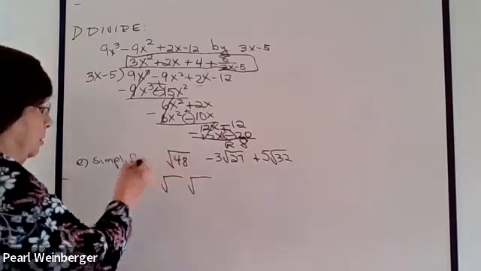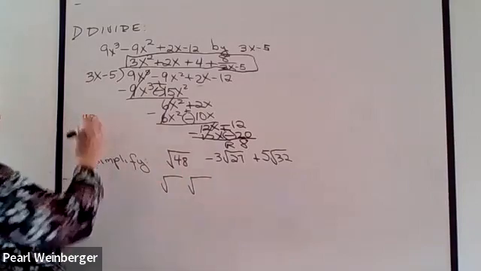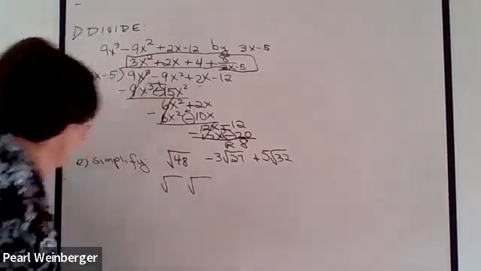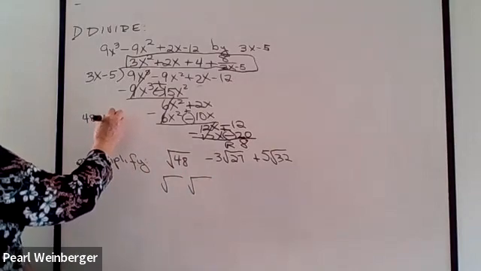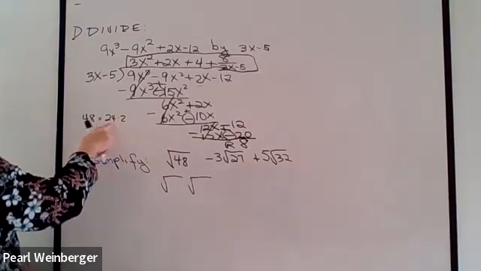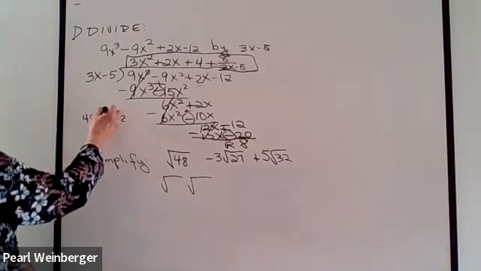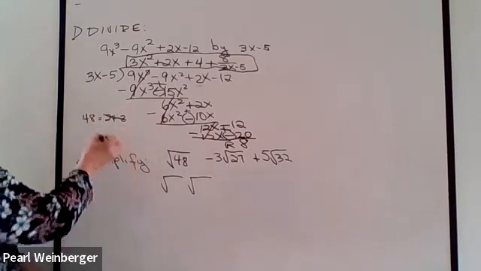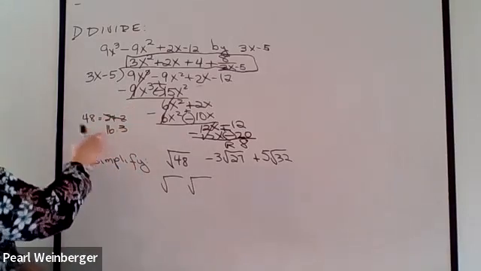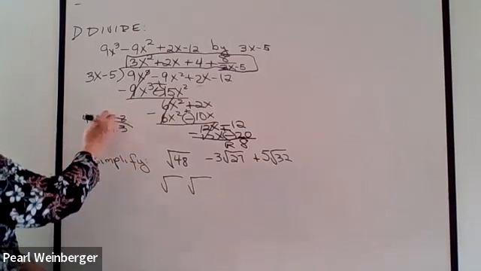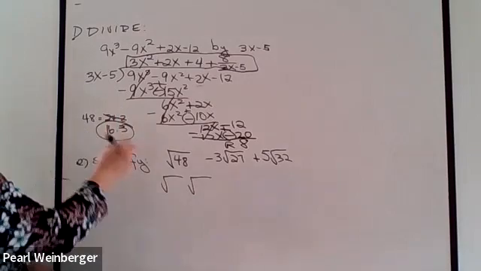We could break it up into 24 and 2, but that's not a good choice because neither 24 nor 2 is a perfect square. Then we could do 16 times 3, because 3 into 48 is 16. And that is a good choice because 16 is a perfect square.